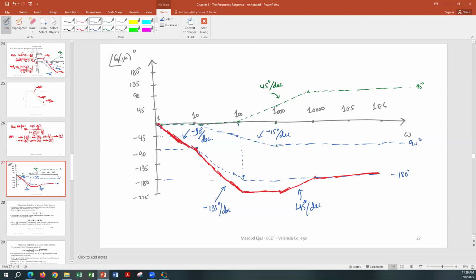And it's going to go this negative 225 until this point right here, because at this point this negative 45 is going down and that positive 45 is going up. So these two will cancel each other, the green one and this one. So the only thing left is just this line, keep going at whatever was left, negative 225. And then finally it's going to go to negative 180.